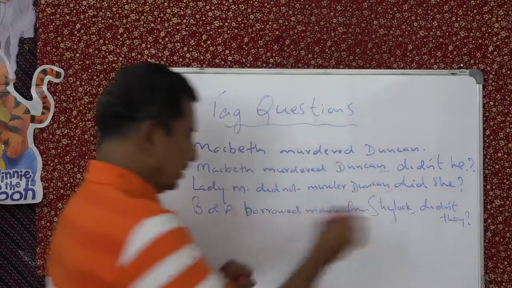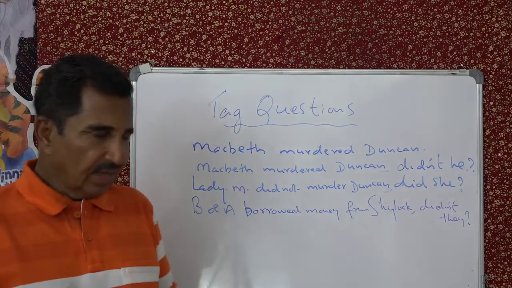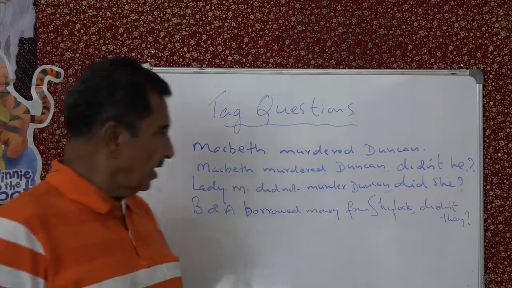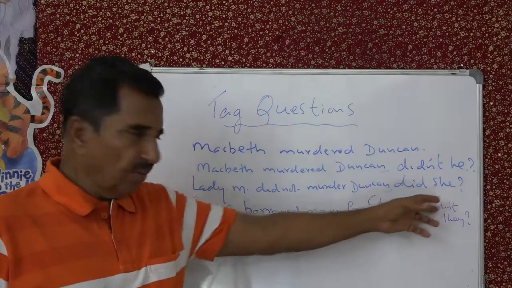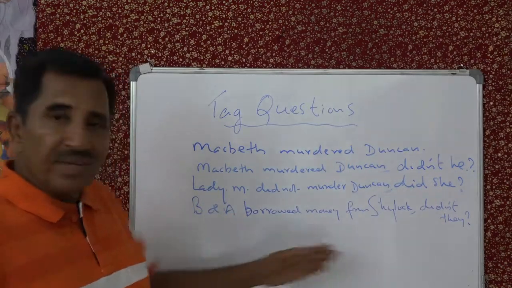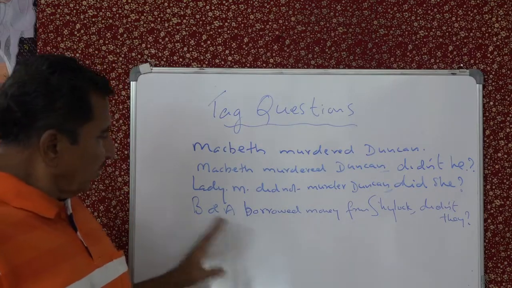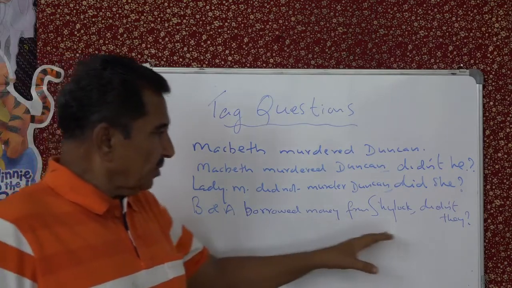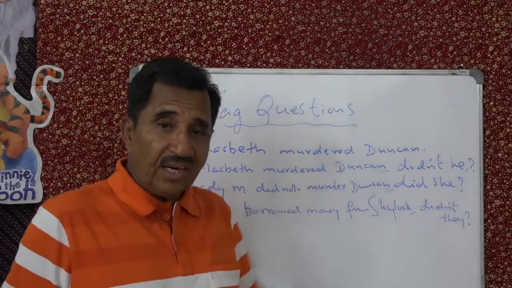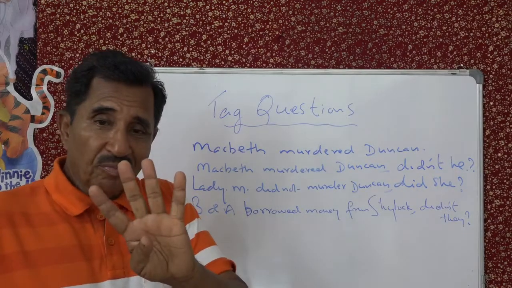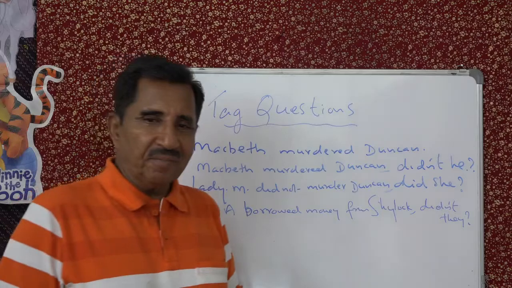But there are two persons. Didn't they? Didn't he? Didn't she? Lady Macbeth, she: pronoun, singular, feminine. Yes. Here, Bassanio and Antonio borrowed money from Shylock. Didn't they? Because it's plural. The subject is plural.